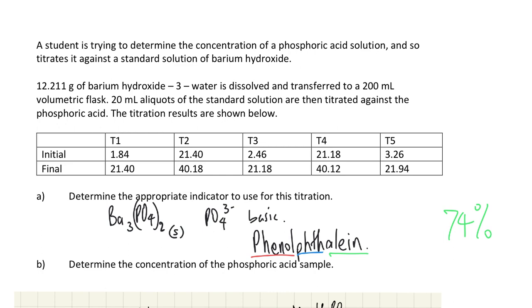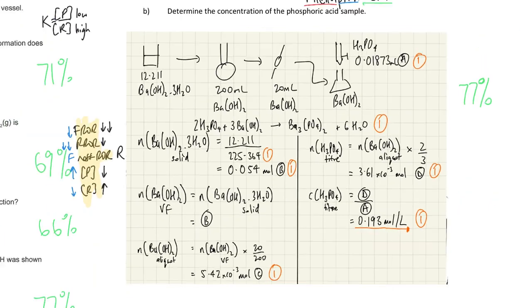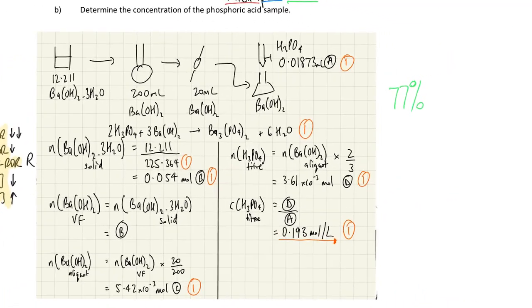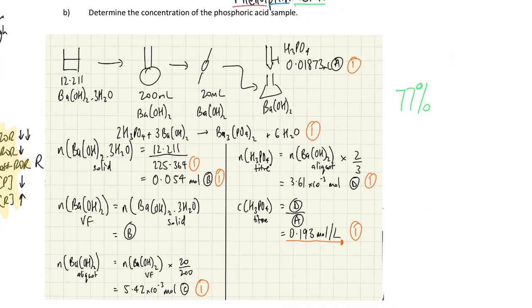All right, so then lastly, this one here. I gave you this particular thing on each of your papers, but you can have a look at it here, right? Couple of key points. Number one, you've got to make sure that you're only picking the concordant results, okay? Lots of people were picking all of them, and someone even took the final amounts and didn't work out the difference, okay?